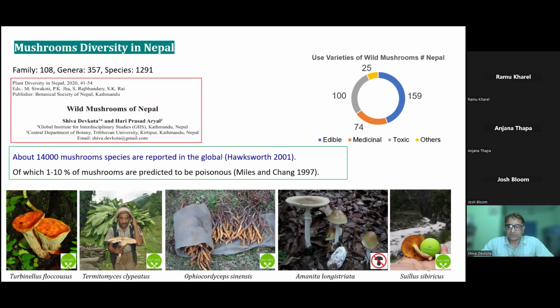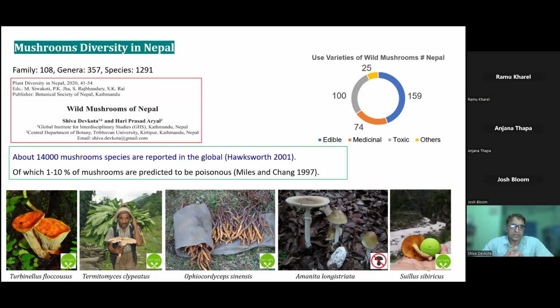There are 74 medicinal mushrooms for different purposes, and some 100 mushroom species are supposed to be toxic. And there are a few more mushrooms used for rituals, spiritual, and decorative purposes.